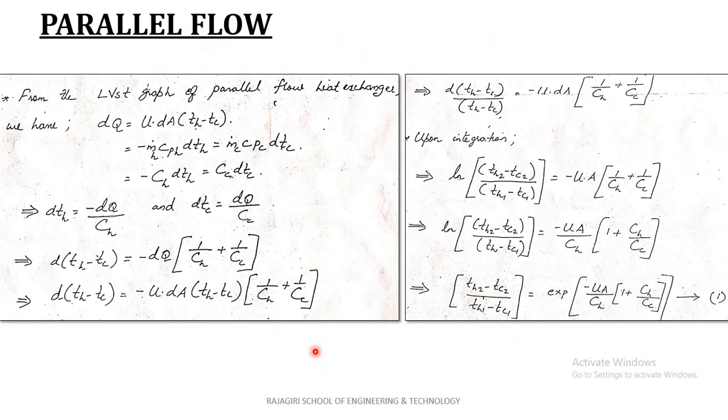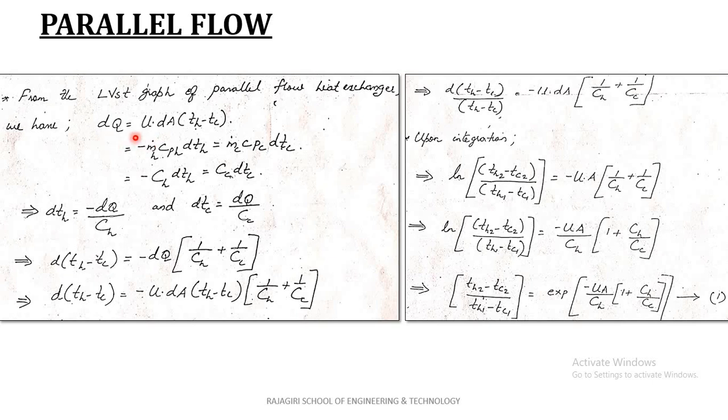Now, in the case of parallel flow heat exchangers, recall the temperature profile we used in the case of LMTD. The same graph can be used here also. Take an elementary area dA, and let the heat transfer to that area be dQ. All of that is the same as the LMTD derivation.